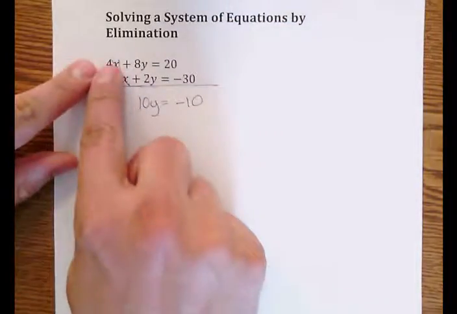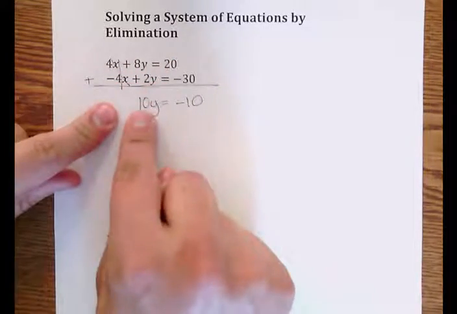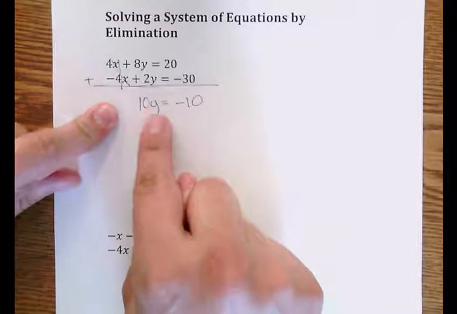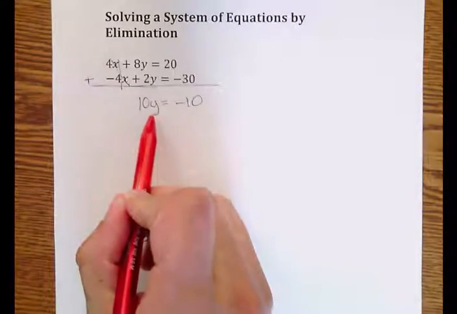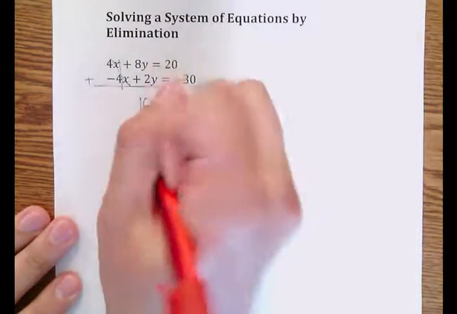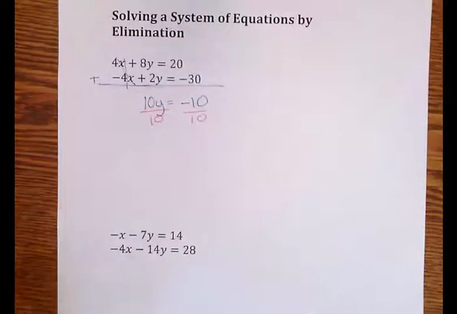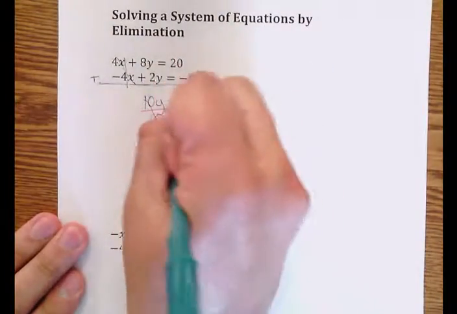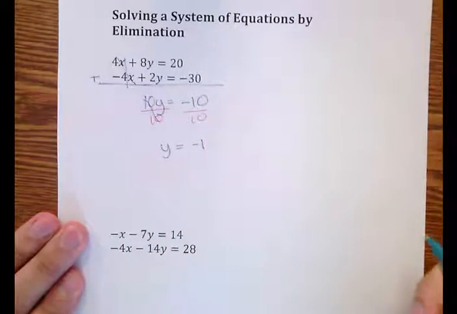Just like that, I've gone from two equations with both x and y to a single line with only one variable left. So I can now solve for y, which means I divide by 10, which means y equals negative 10 divided by 10, negative 1.